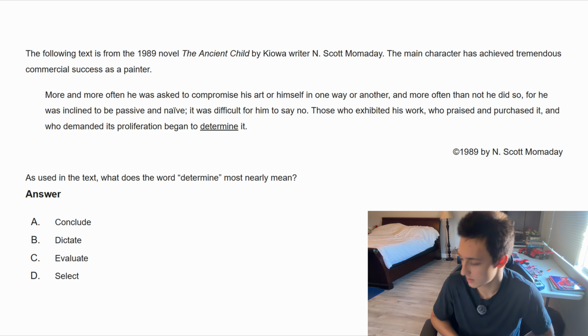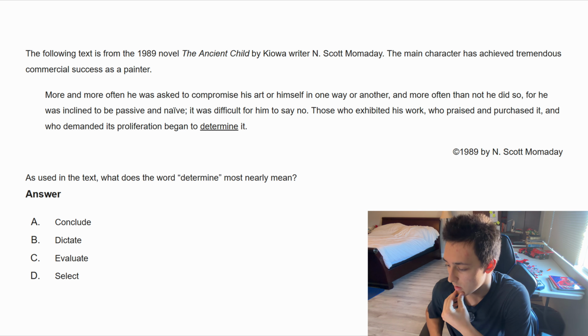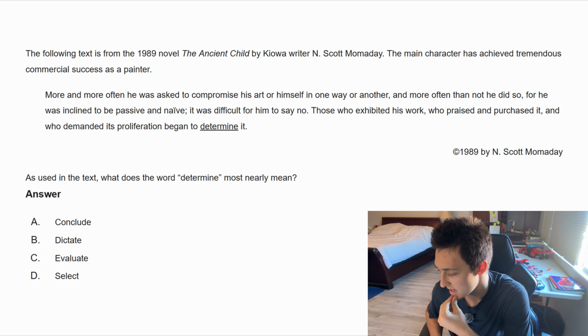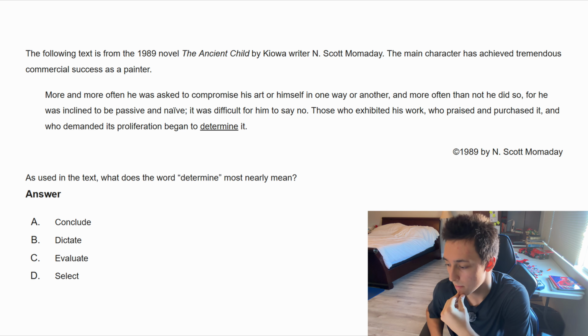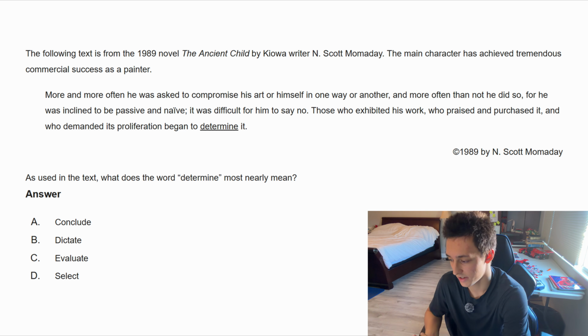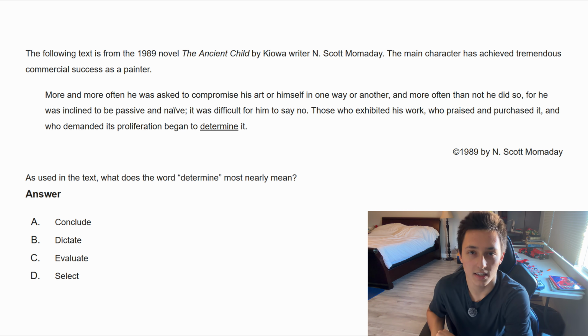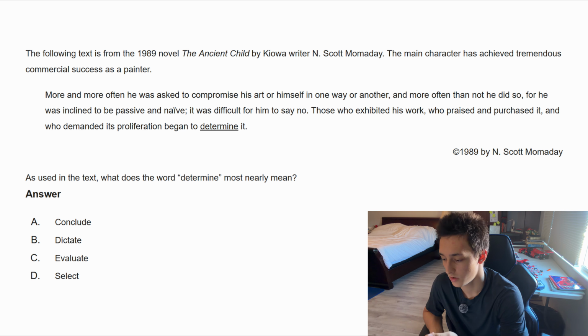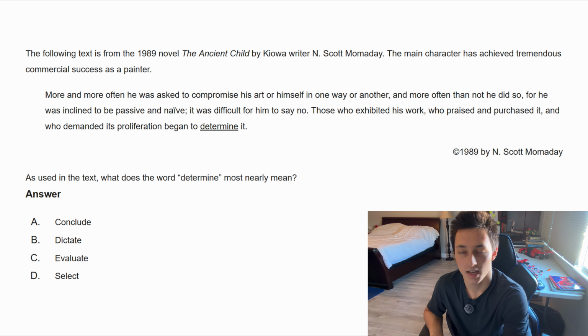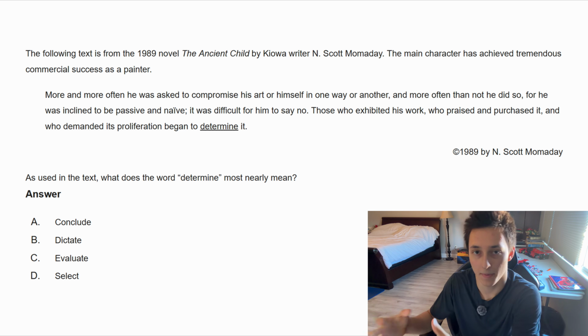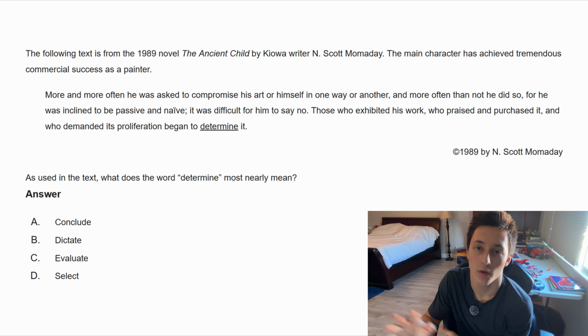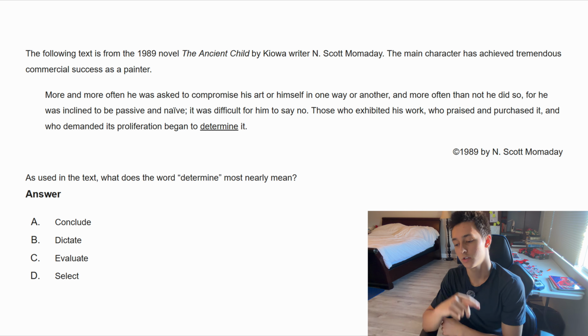Okay, so basically, when you say that it was difficult for him to say no, and these guys were demanding its proliferation, and they were making him compromise his art, they're not just selecting it. Select is just too soft, right? If they began to select it, you have to look at the definition of select really carefully, because you could think it means that they're selecting its work, but that's not what this is saying. It's saying they're selecting the actual piece of art. They're not selecting how it works. That's not what this is asking. So dictate's the right answer.